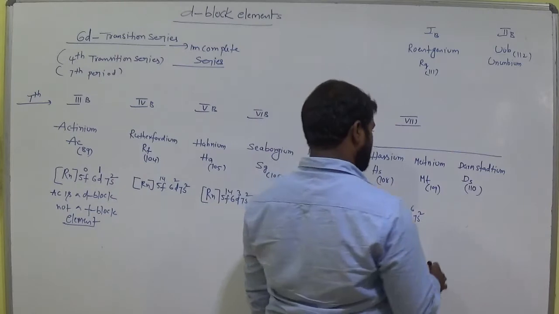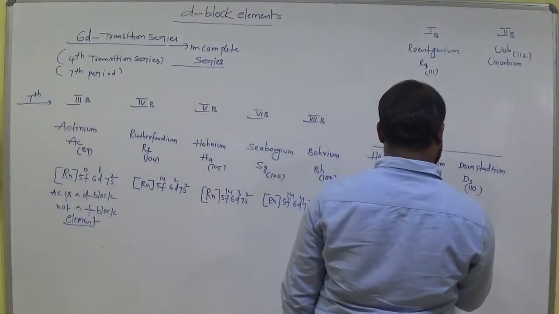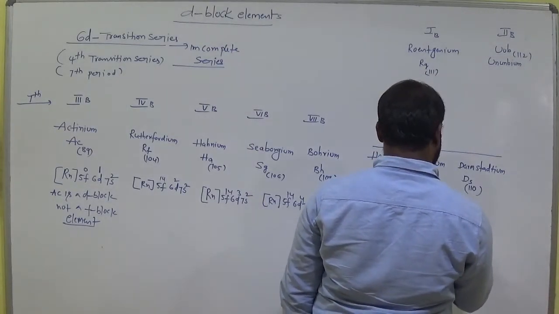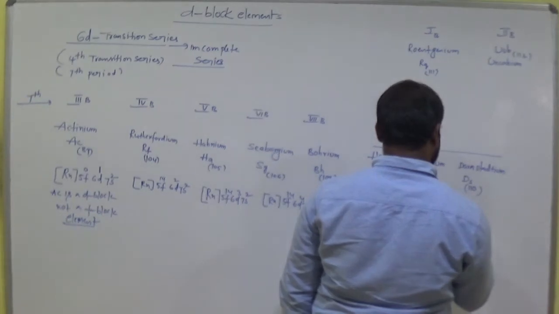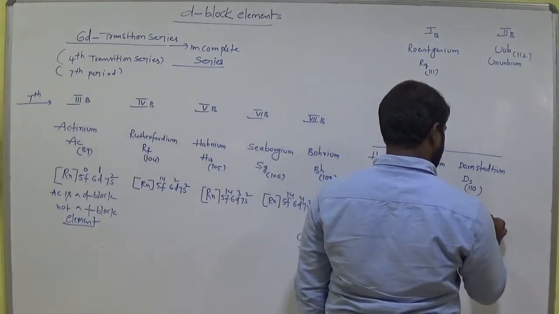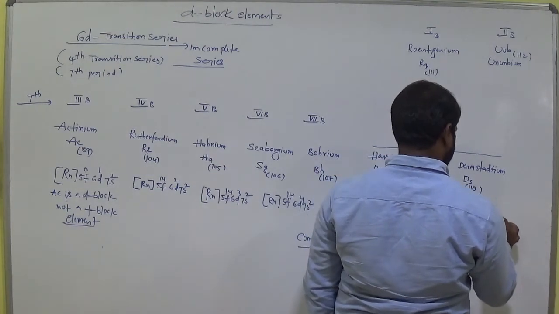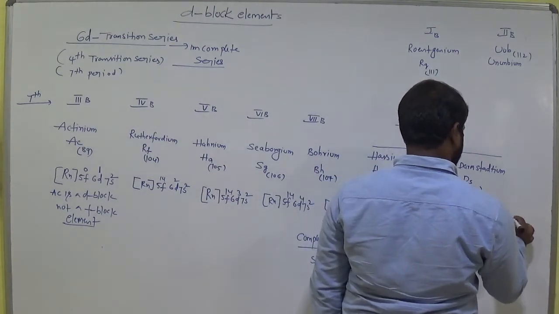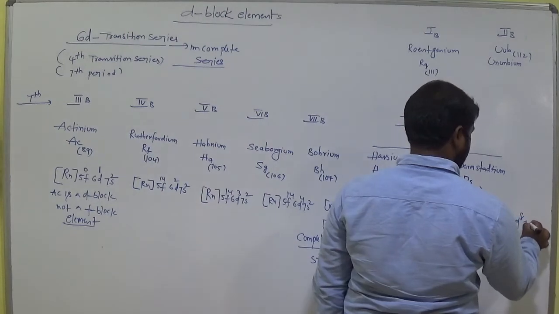Clear? So come to here, radon 5f14 6d7 7s2, and here radon 5f14 6d8 7s2.